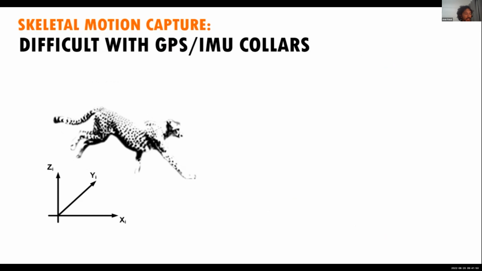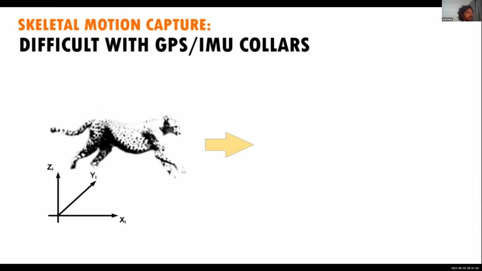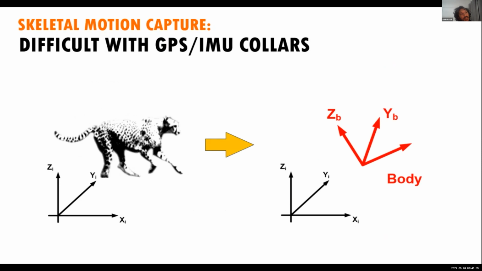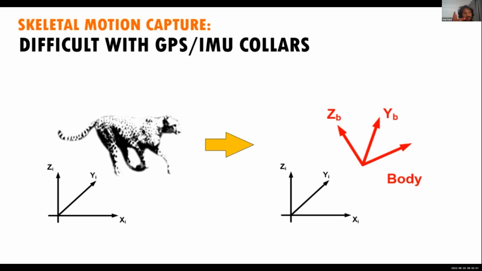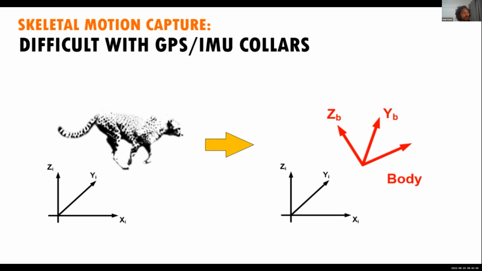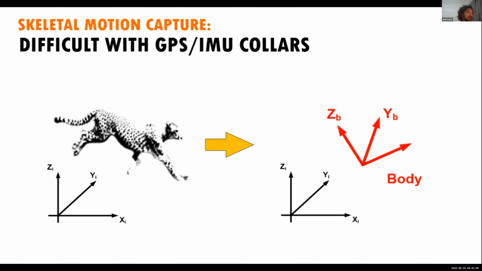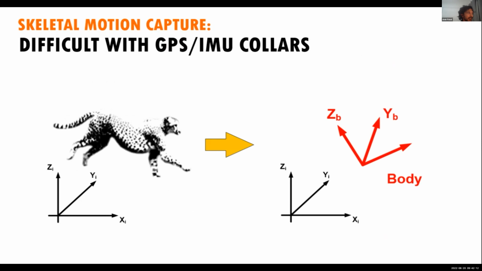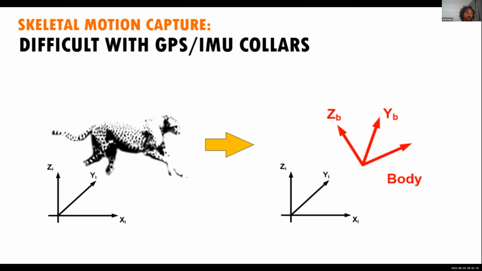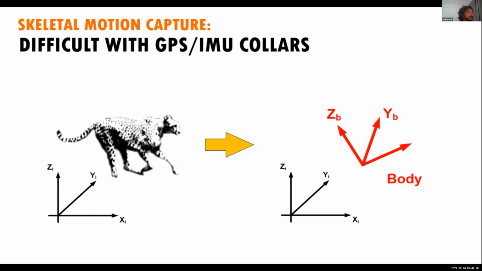If you think about it, you've got this animal which is running, turning and doing all kinds of amazing things, and a GPS collar collapses that down to a single lumped rigid body, and you've lost all the articulation of the legs and the spine and the tail and even the head, which I'll talk about a bit later. So obviously an IMU GPS collar isn't going to do the job if you're trying to really understand how animals are able to maneuver.